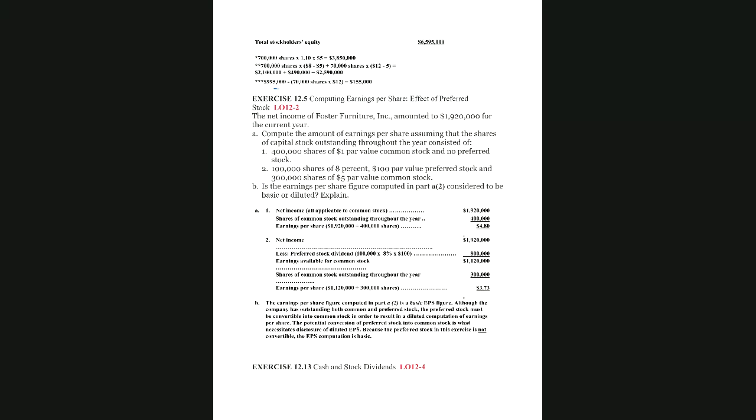In addition, we had the stock dividend. That stock dividend decreased the amount of the retained earnings. How much did it decrease it by? It decreased it by the full market value of the stock dividend.